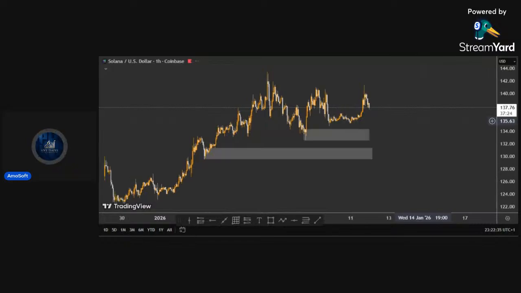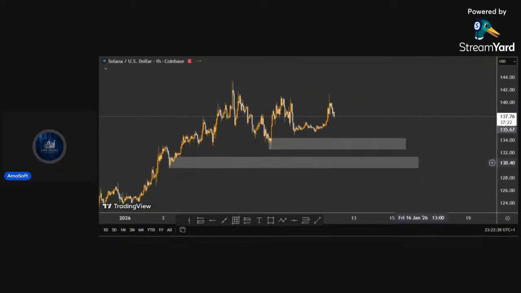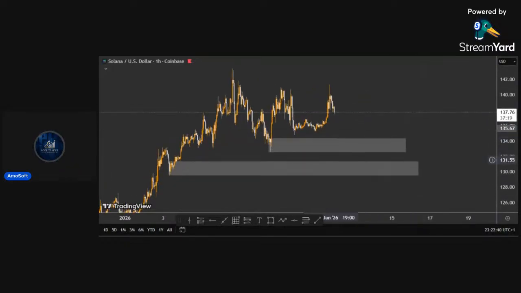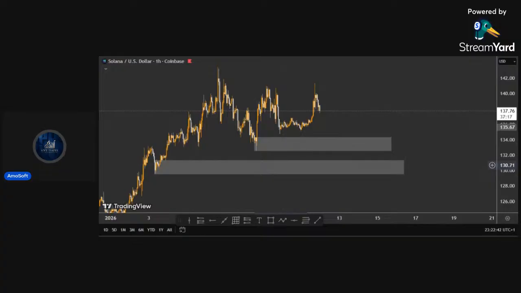Now, I already shared these Solana points of interest in our channel. I'm going to be taking a buy position on Solana on Bybit this week. So I'm expecting price to retrace into this zone, then take a buy, and the reason for that is this liquidity over here. Price could come down, take out this liquidity, tap into this demand zone, then we could see a buy from there.